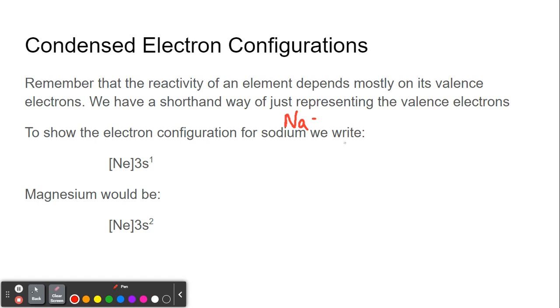If I was to write out the electron configuration for sodium in full, I would write out sodium 1s2, 2s2, 2p6, 3s1.